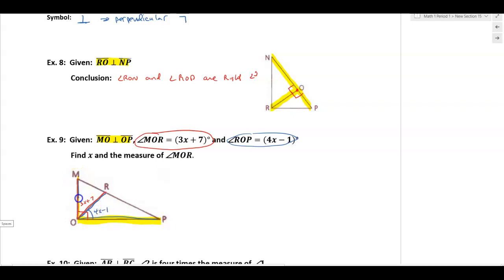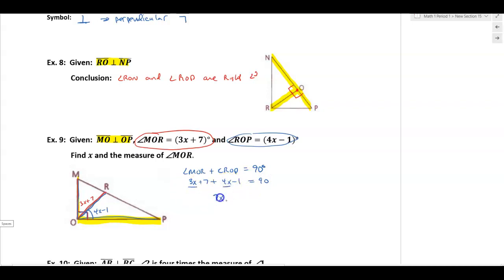Now that we know that MO is perpendicular to OP, we get this right angle. Now I know angle MOR plus angle ROP add up to 90 degrees. So MOR is 3x plus 7 plus ROP is 4x minus 1 equals 90.